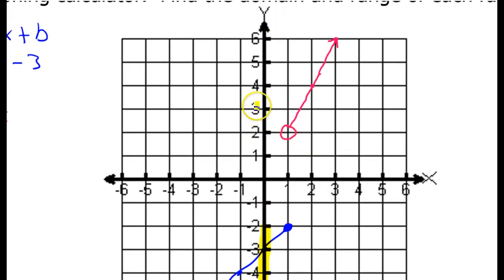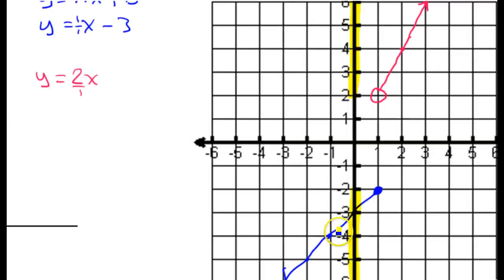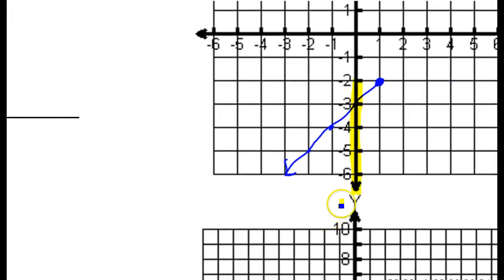Okay, it's the y value. So on the y-axis, this portion of the graph starts here and it goes up. See how there's a break in the range? That's why when we write the range, we will have to do it in 2 separate parts. So for the blue part of the graph, this goes from negative infinity to 2. Okay, with a bracket because this is included.